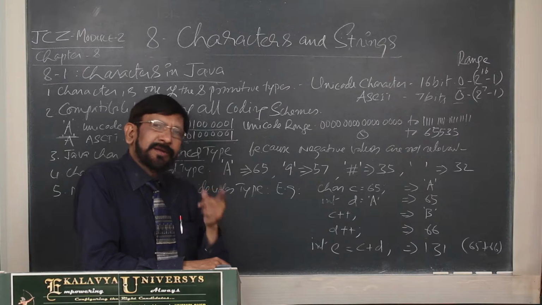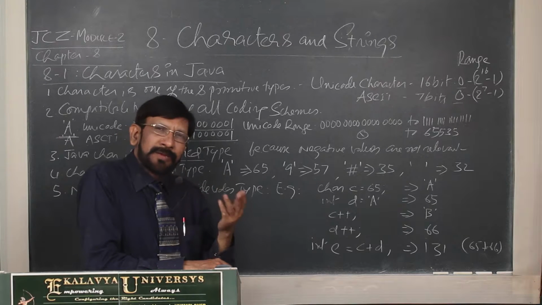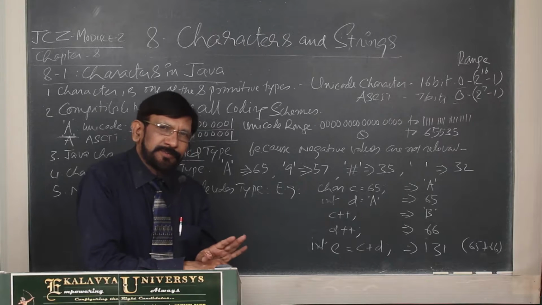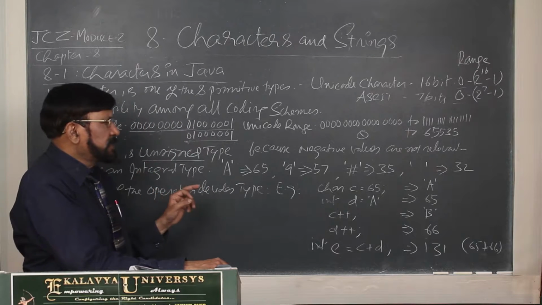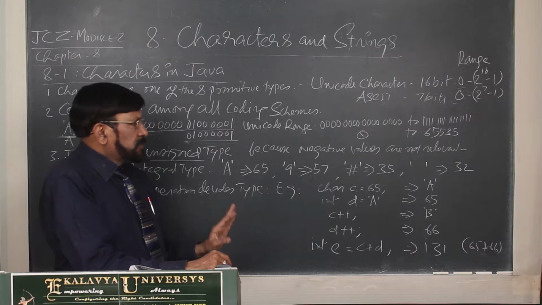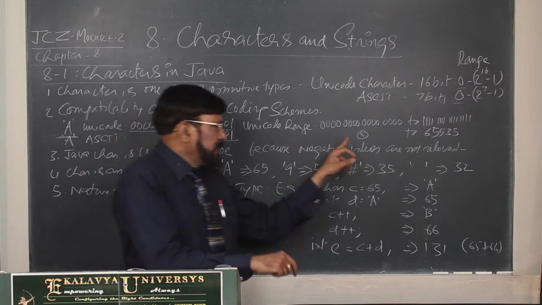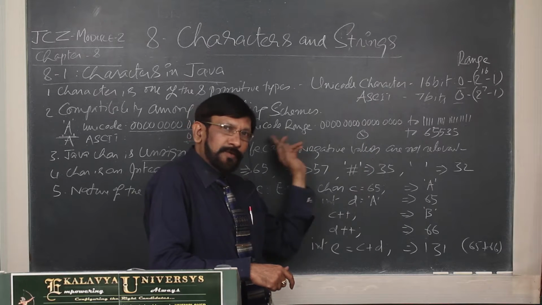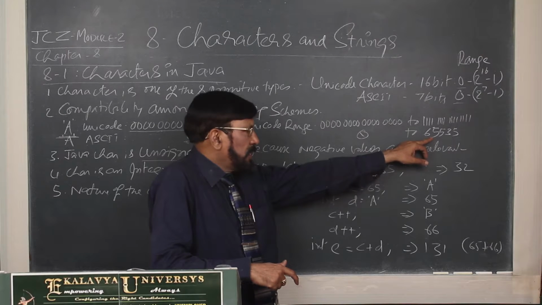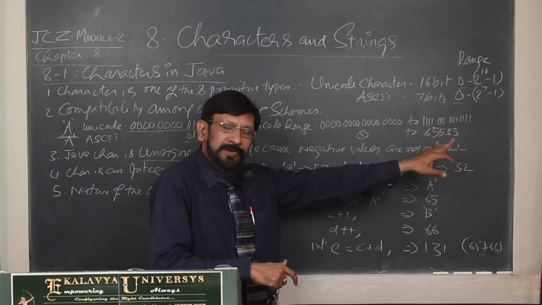As far as character type is concerned, minus values are not relevant. That's why it simply makes it unsigned. That's why its character range starts from 0, not from minus. Start from 0 and the last one is 65,535.